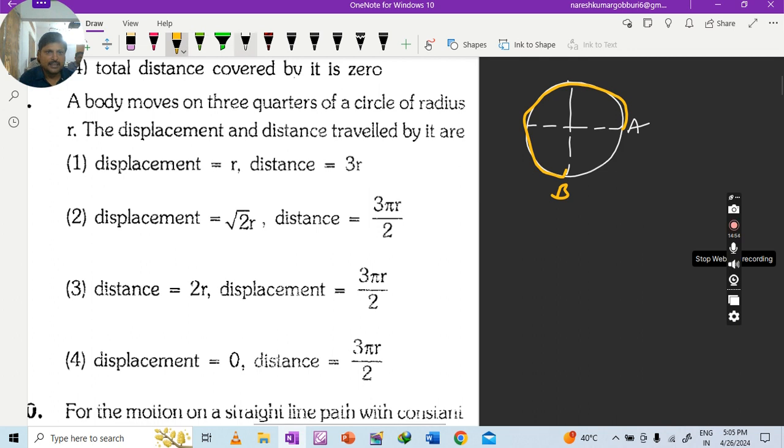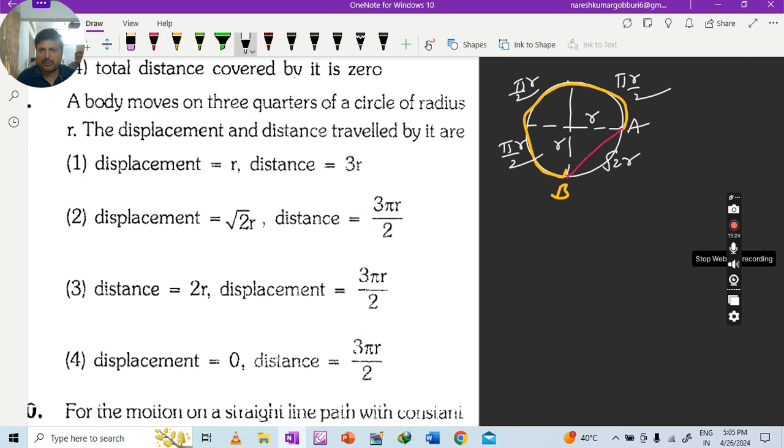Then the displacement. Here displacement means shortest distance. That means draw a straight line from A to B. This is the displacement. Already we calculated this is r, this is r, so this is equal to root 2 r. So the displacement is root 2 r, and find the distance. Already we know very well, if a body covers a quarter circle, this is pi r by 2, and this is also a quarter, pi r by 2, this is also a quarter, pi r by 2.